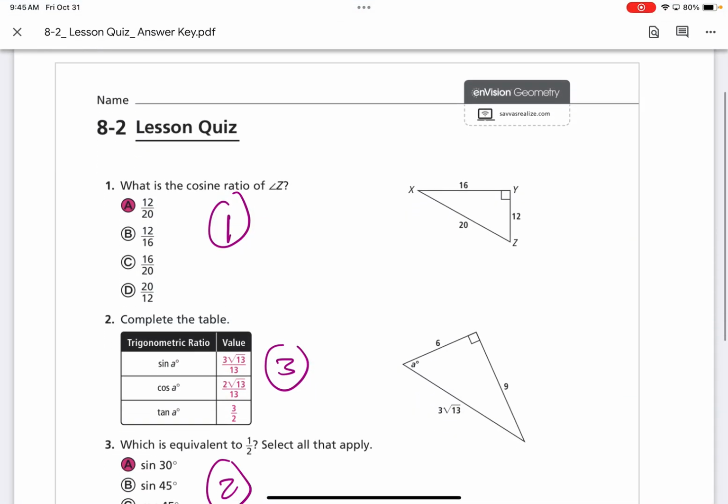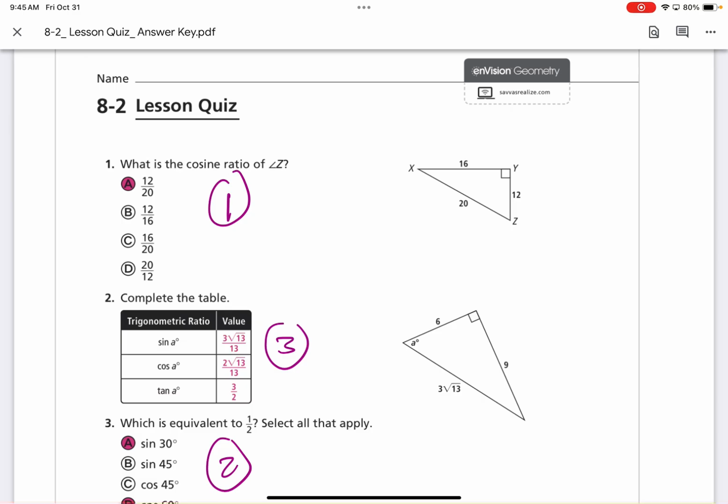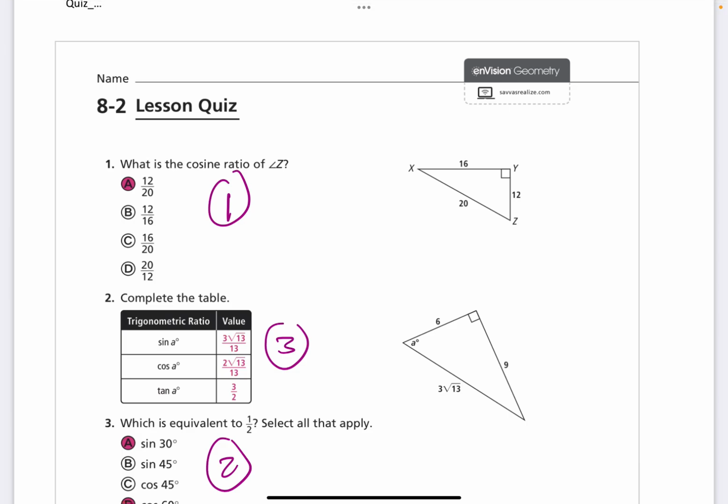All right, number 1 was 12/20ths. So cosine is adjacent over hypotenuse, for z. Are we good? Okay.